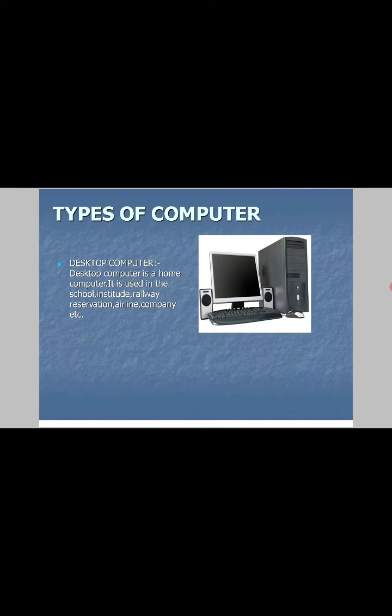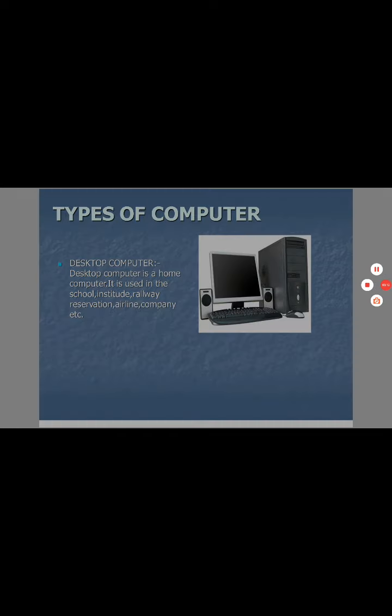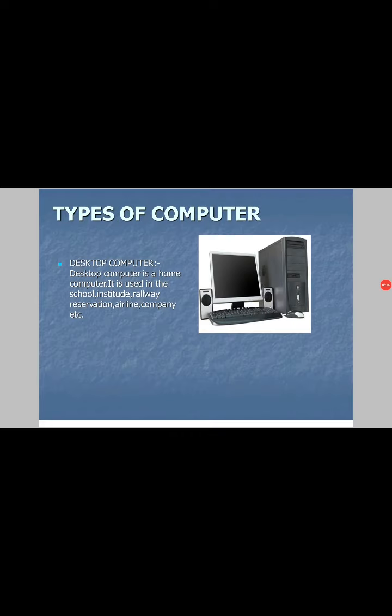What are the types of computers? The first one is desktop computers. A desktop computer is generally used at homes, in schools, industries, railway reservations, airlines, and companies. Generally, desktop computers have a PC, keyboard, mouse, speakers, monitor, like that.